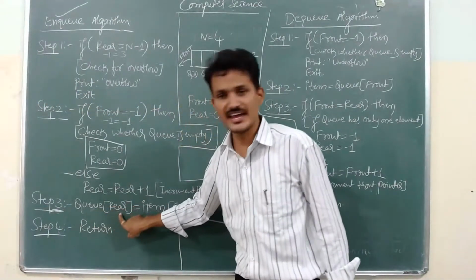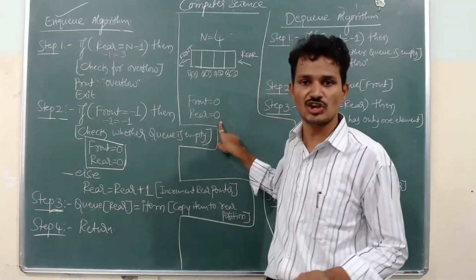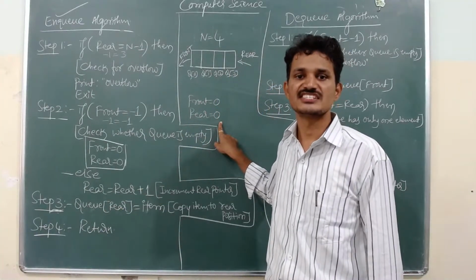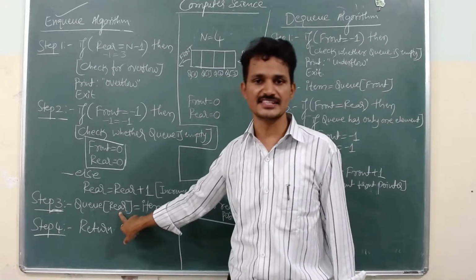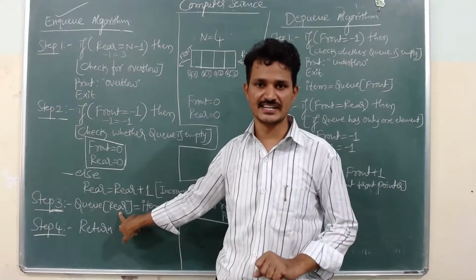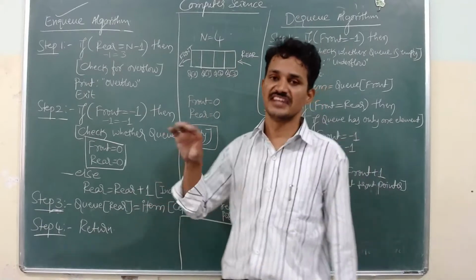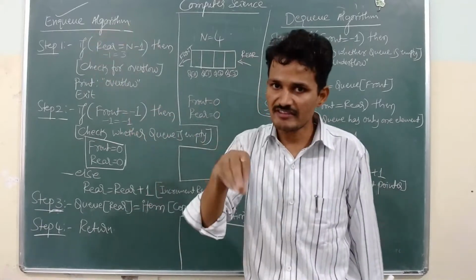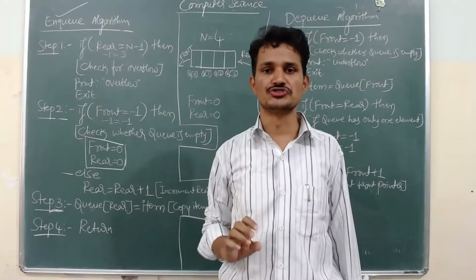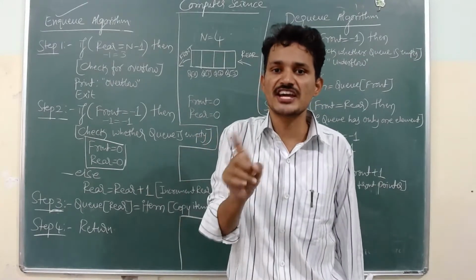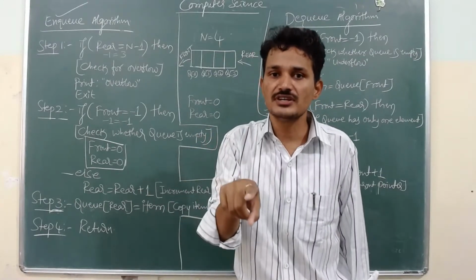Q of rear means, what is the value assigned to rear? 0. That means I can call it Q of 0, isn't it? Q of 0 is equal to item. Whatever value is given by the user will be stored in the location called Q of 0.